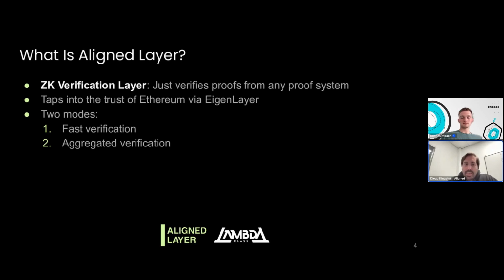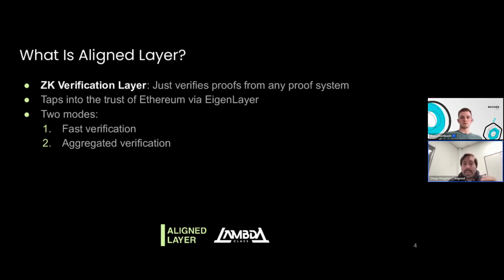And one of the key components for Aligned Layer is EigenLayer. We use EigenLayer to tap into the trust of Ethereum, and that will enable something that we call the fast mode or the fast verification of Aligned Layer, and that is something that other alternatives for scaling blockchains don't have.